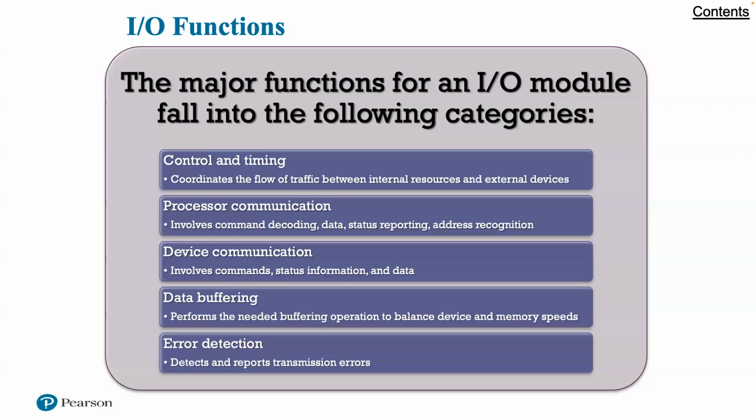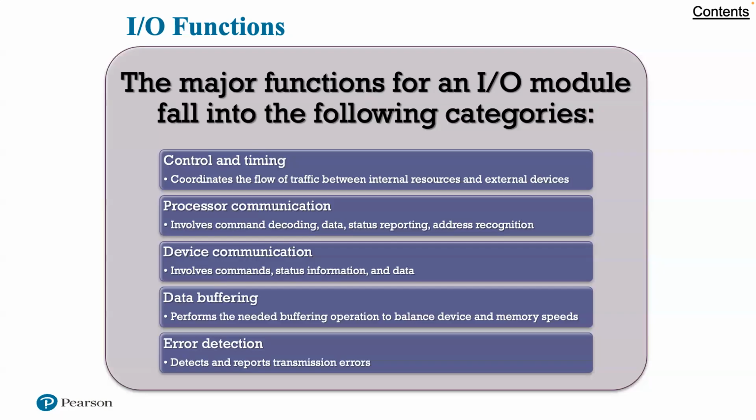Data coming from the main memory are sent to an I/O module in rapid bursts. The data are buffered in the I/O module and then sent to the peripheral device at its data rate. In the opposite direction, data are buffered so as not to tie up the memory in a slow transfer operation. Thus, the I/O module must be able to operate at both device and memory speeds.